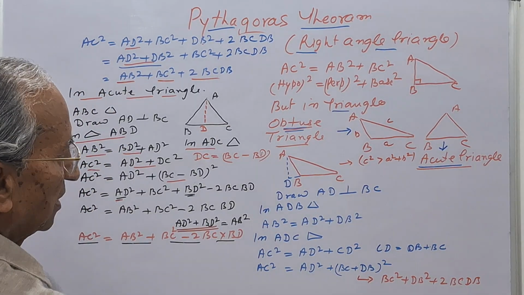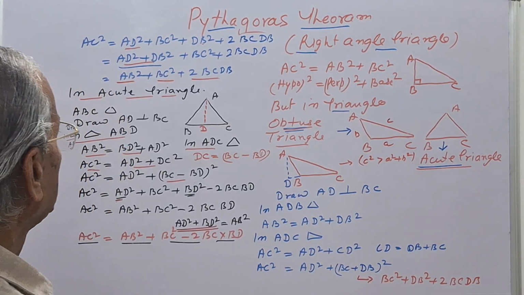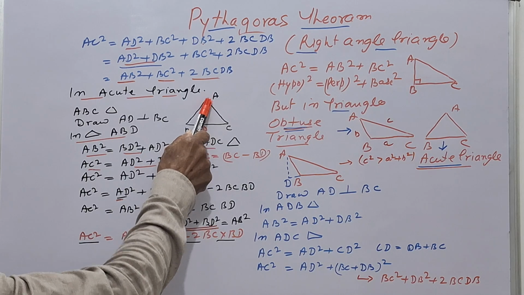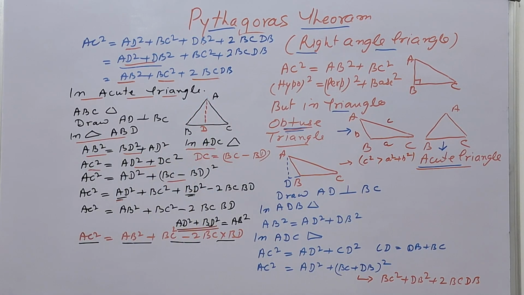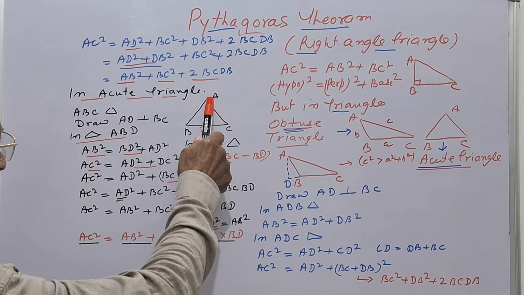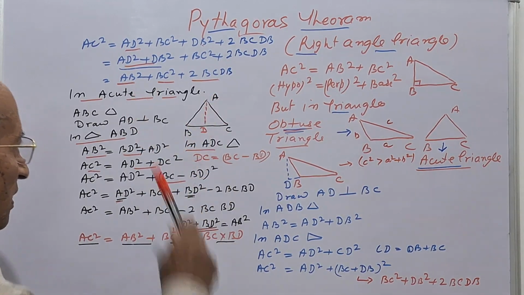Now the second case, that is the acute triangle. If ABC is an acute triangle, draw a perpendicular from A on BC, that is AD.